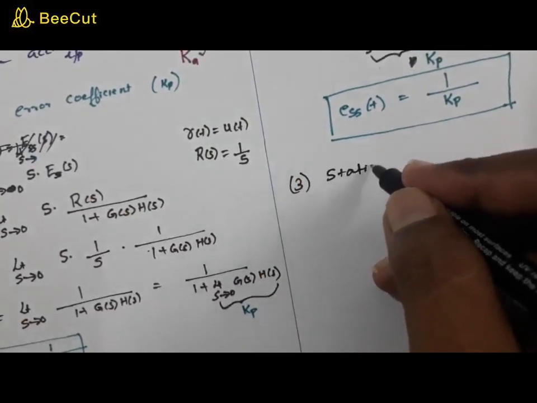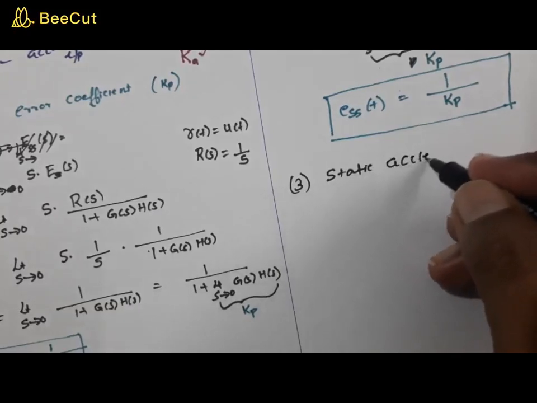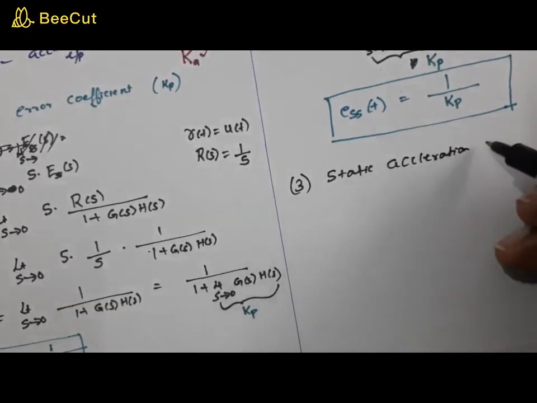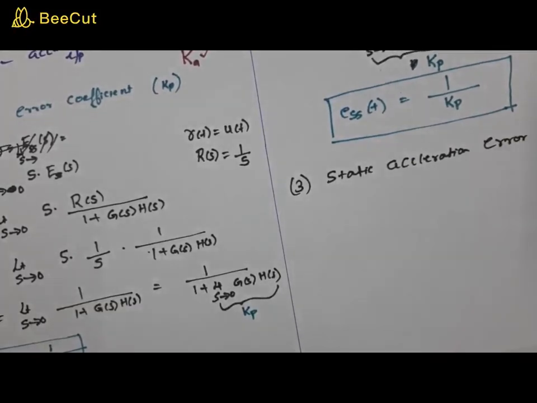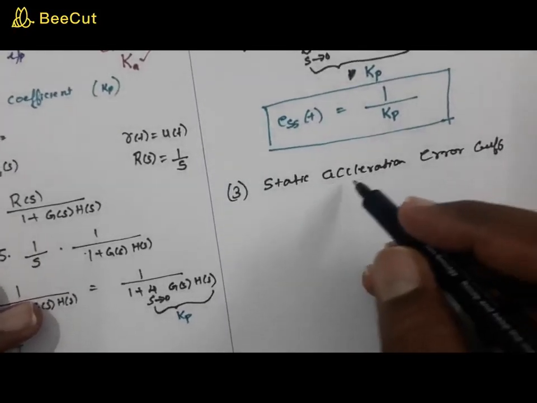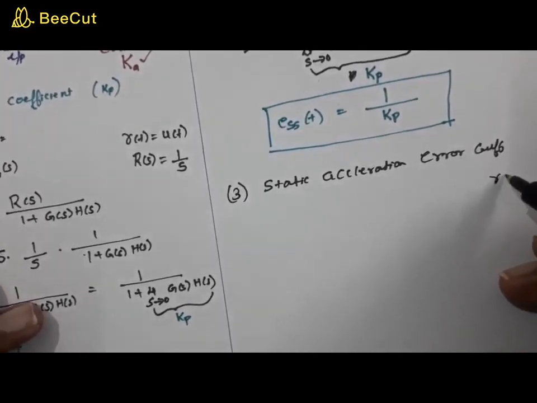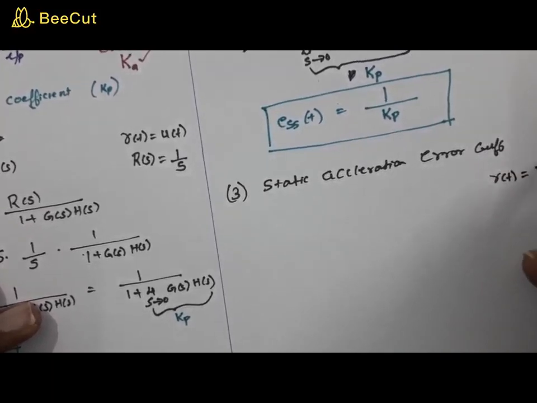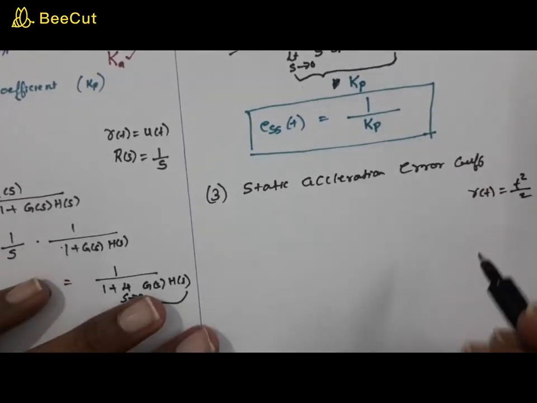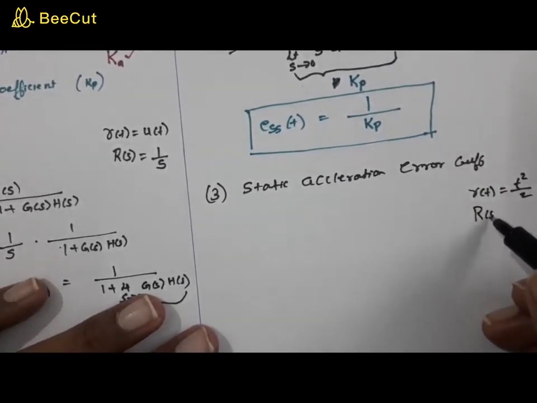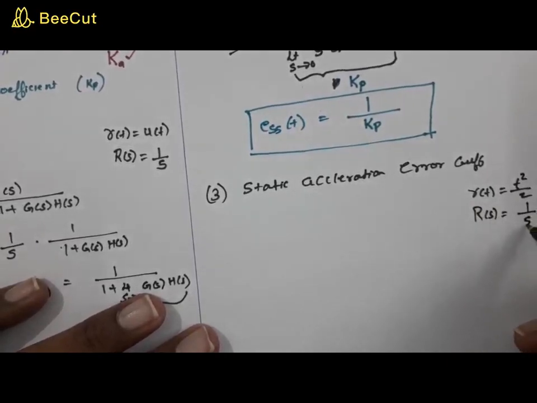Similarly, the third one, we can also find out the static acceleration error coefficient. For that, the corresponding input will be r(t) equal to t square by 2, which is the parabolic input. Now we know that R(s) is going to be 1 by s cube.